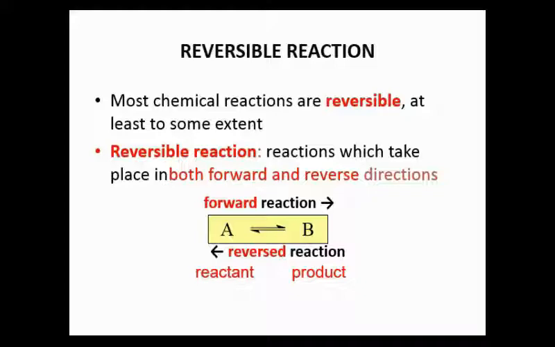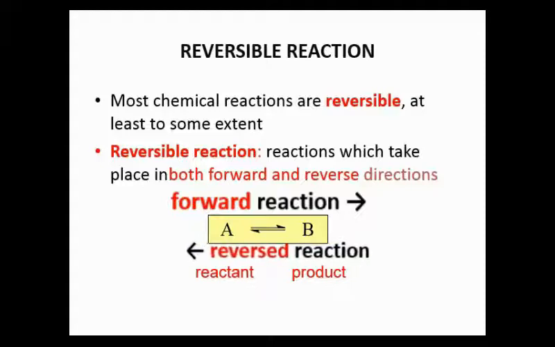If we look at the example in the yellow box here, the forward reaction is the reaction forming the product B here, and the reverse reaction is a reaction forming the reactant A here.